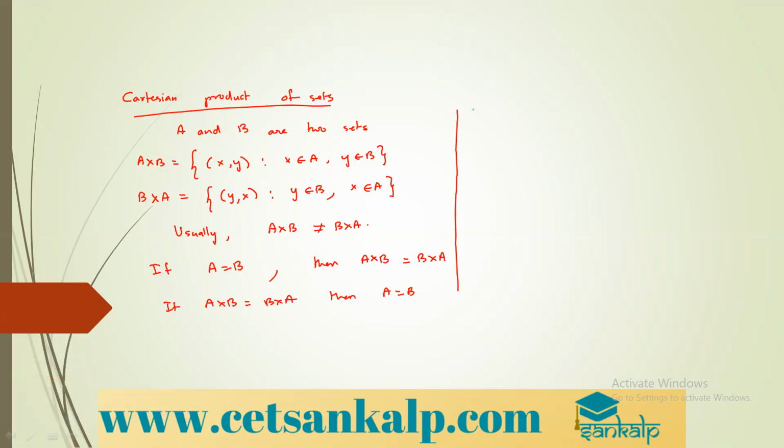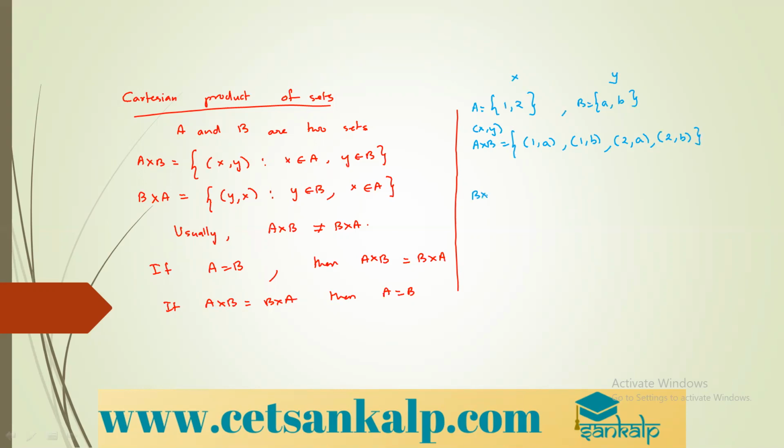So for this example, I will take A having 1 and 2. I'll take the set B having a and b. So if I want to take A cross B, I have to take all the x's from A, all the y's from B, and make x comma y. I have to make x comma y in all possible ways, like 1 comma a, 1 comma b, 2 comma a, 2 comma b.